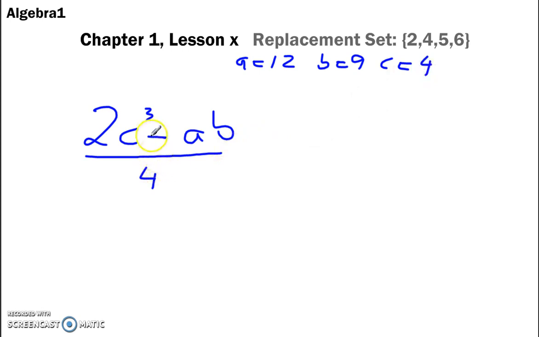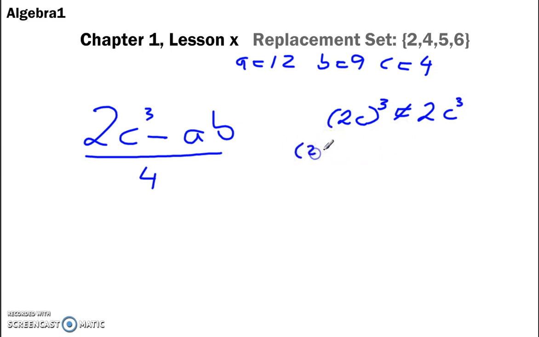Okay, first thing to note, in this expression the exponent 3 applies only to the c, not to the 2. This is not 2c times 2c times 2c. 2c to the third power is not the same as (2c) to the third power.